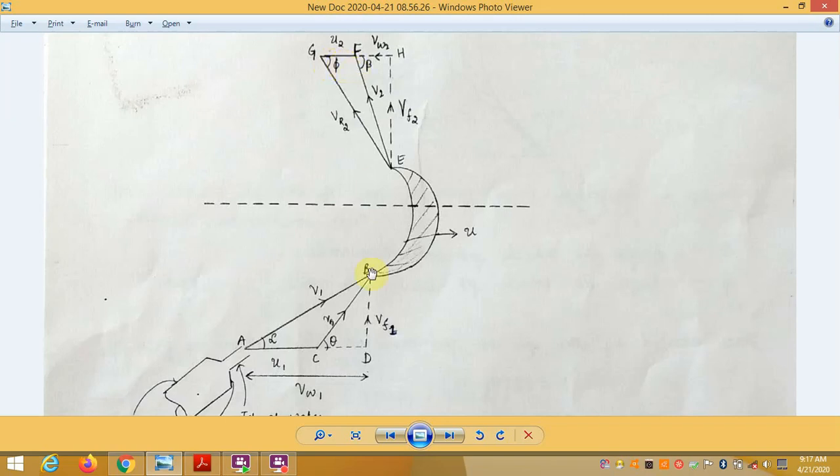That is the angle made by the relative velocities with the horizontal, at inlet theta and at outlet phi, and these are called the vane angles.